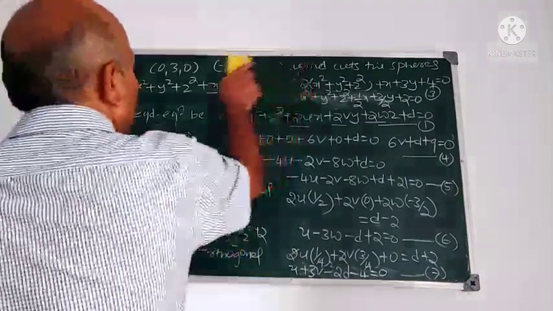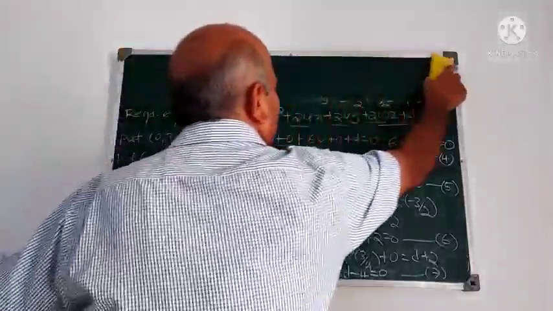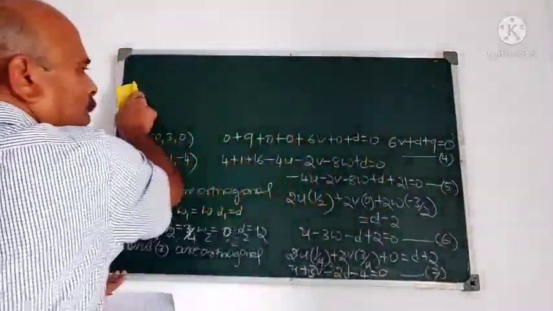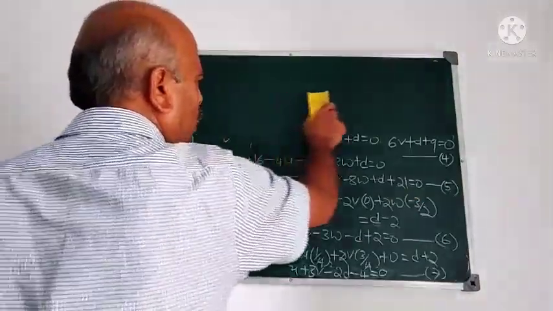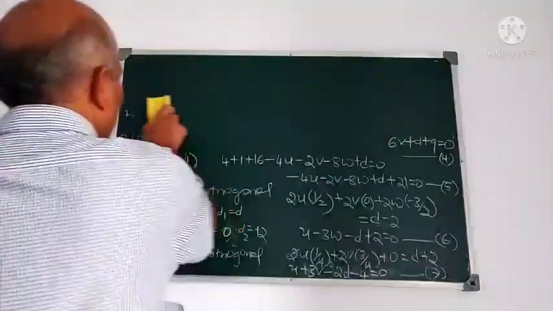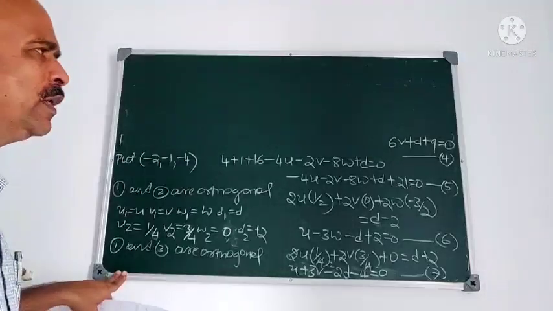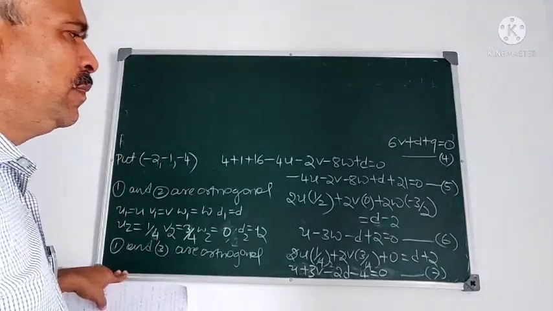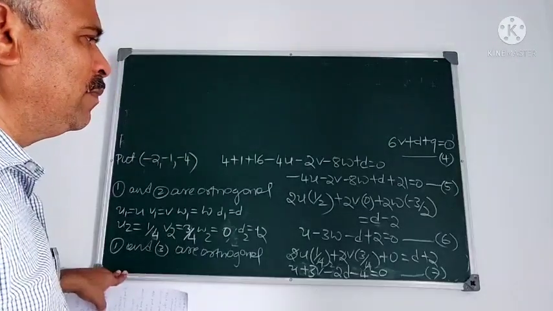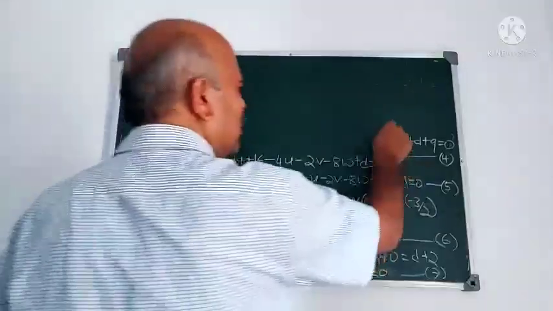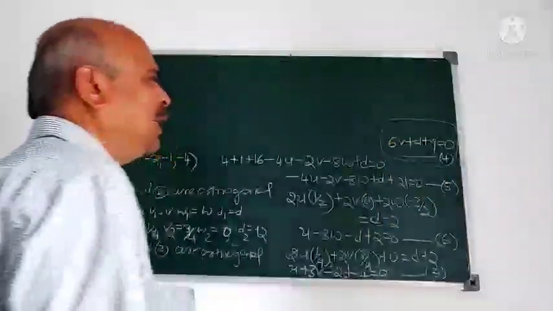Now, the next thing is from 4, 5, 6, 7, you have to find out u, v, w and d. But this equation involves only d and v.